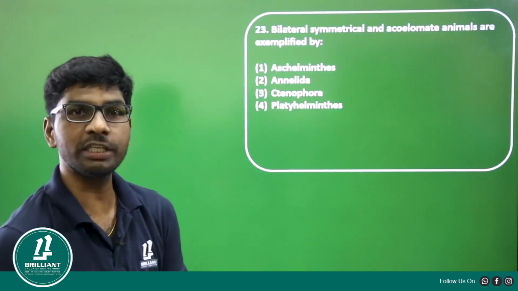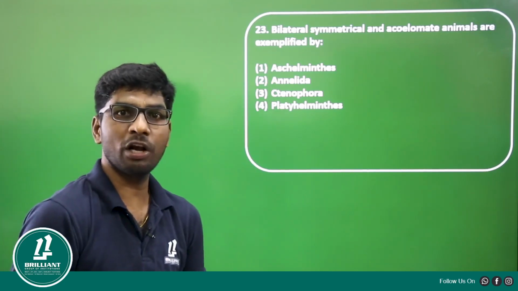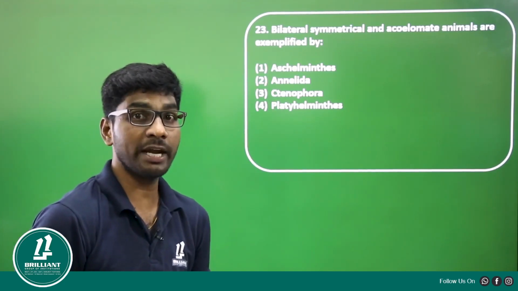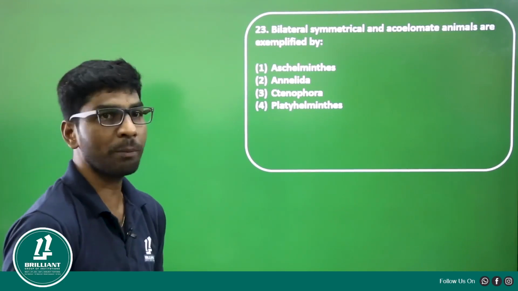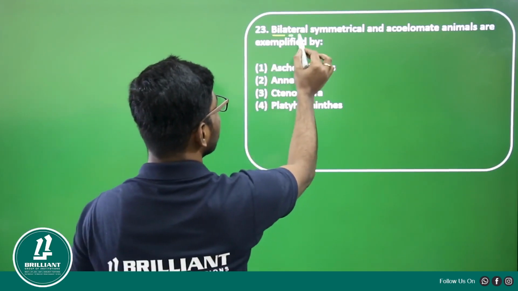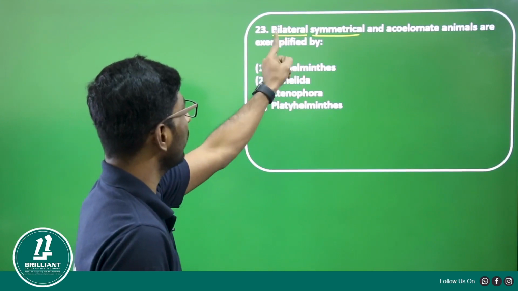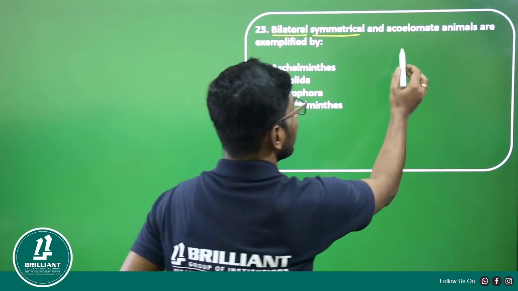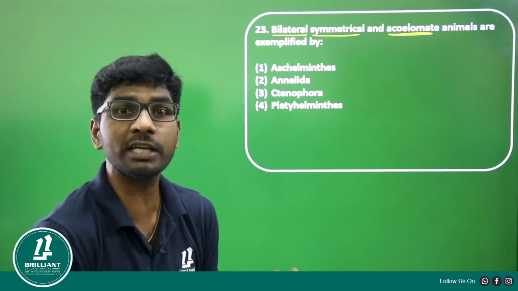Question number 23, from the chapter Animal Kingdom from 11th grade. Look at what they're asking: bilaterally symmetrical and acoelomate animals, where coelom is absent.